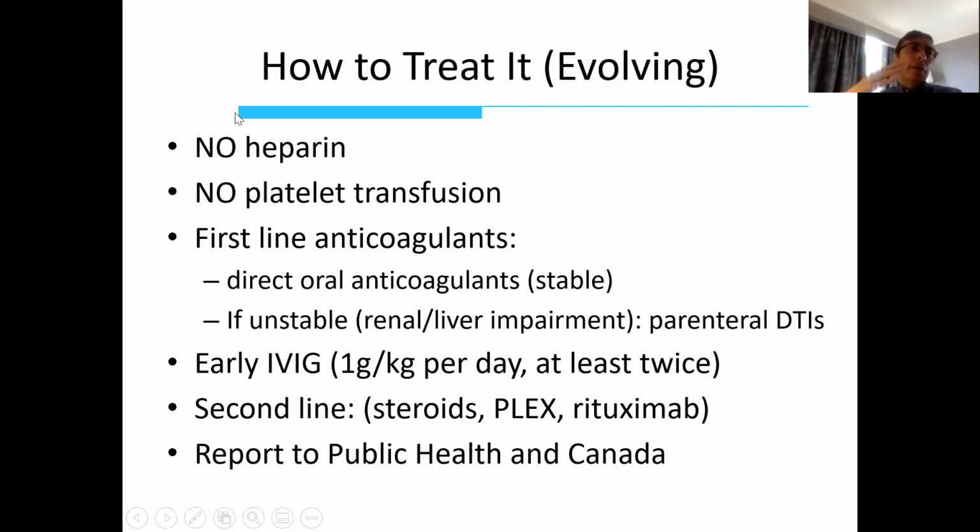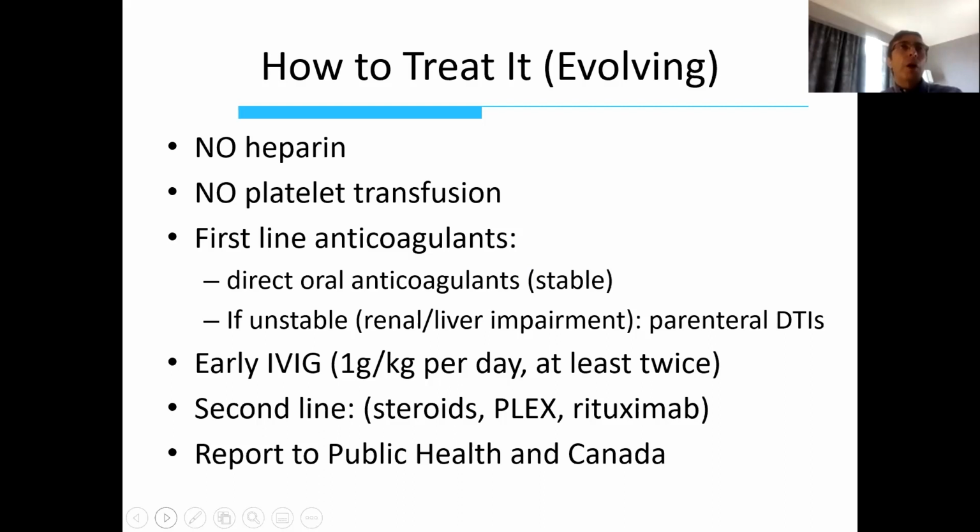How would the thrombus be put at ease and its progression arrested? They should be treated with non-heparinoid anticoagulants, which in the stable patients would encompass direct oral anticoagulants, and in unstable patients, in whom either renal or liver impairment would be present, they should receive parenteral direct thrombin inhibitors.